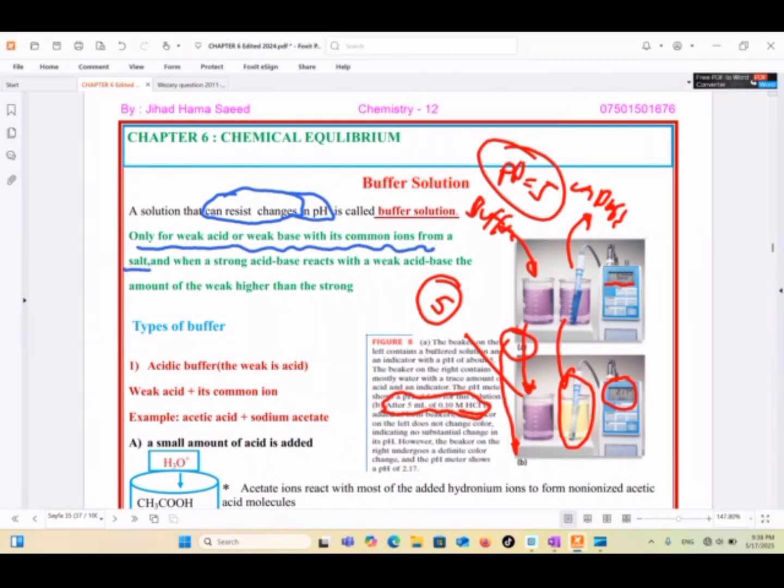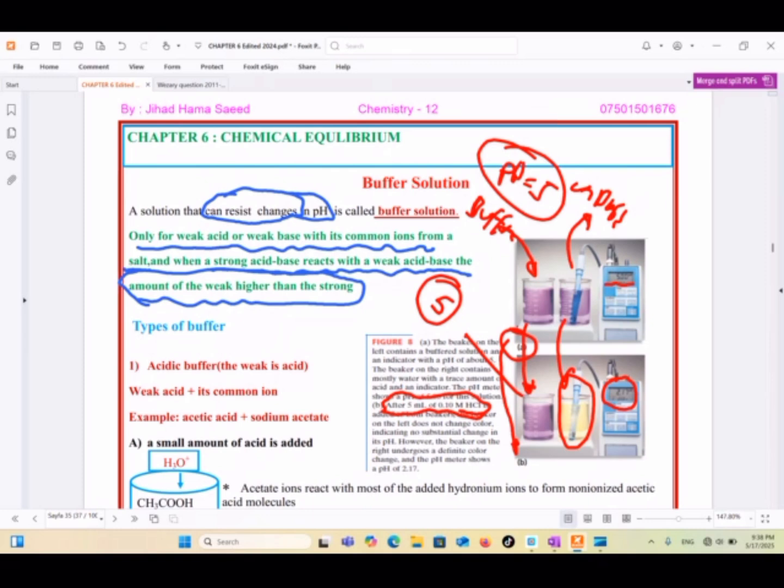That means a weak acid with its salt, or a weak base with its salt. The next one is when a strong acid or base is reacted with the weak acid or base, the amount of the weak must be higher than the strong.